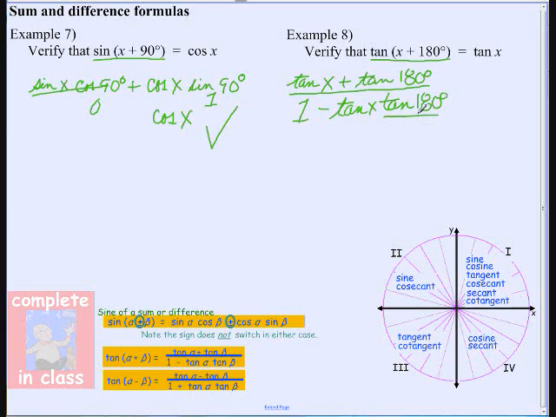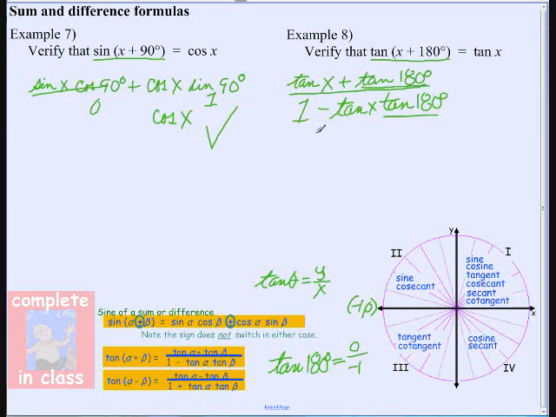So I'm going to have to know what the tangent of 180 degrees is. At 180, my x is -1 and my y is 0. Tangent theta, by definition, is y over x. So tangent of 180 degrees is 0 over -1, which is equal to 0.